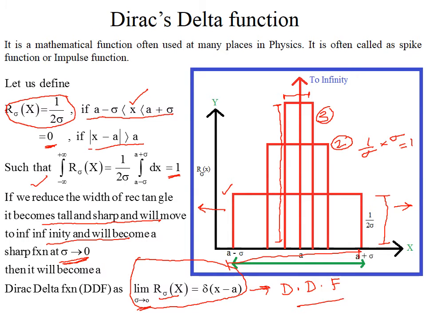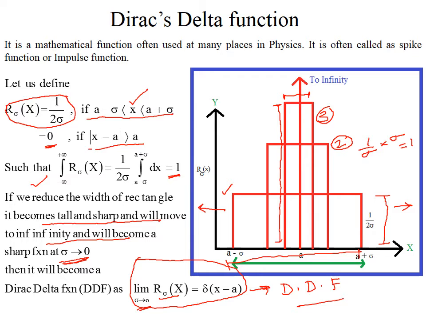You can see in this slide I have made some rectangles. If you notice, the first rectangle has a length equal to 1 by 2 sigma. Then it must have a width of 2 sigma, such that the area of the rectangle always comes out to be 1.